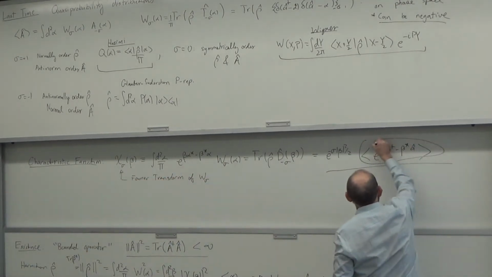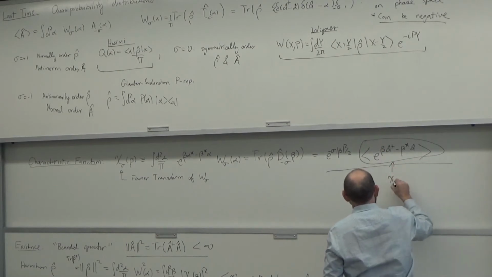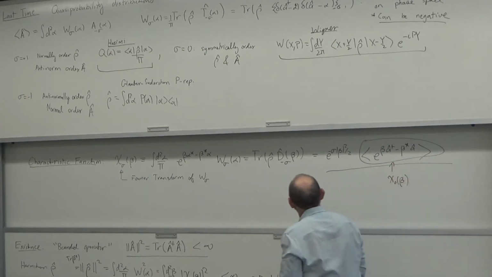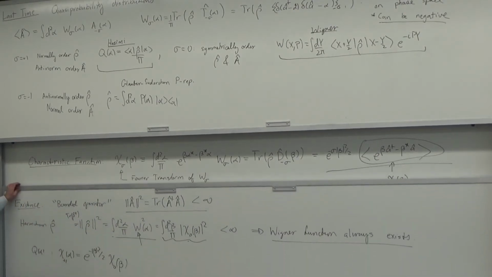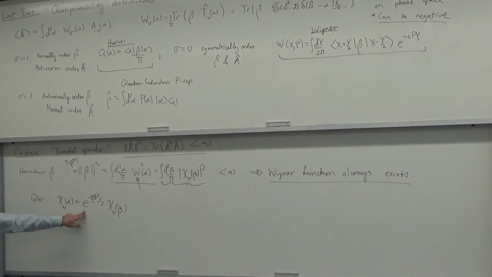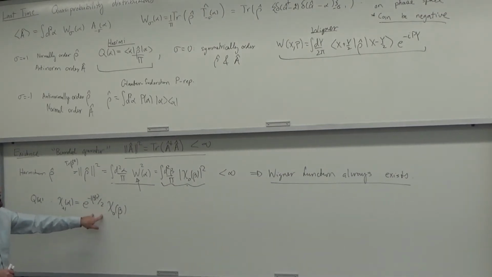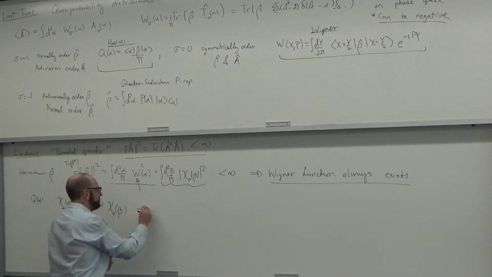This is the Wigner function's characteristic function. So this guy is even more square normalizable, so the Q function always exists.